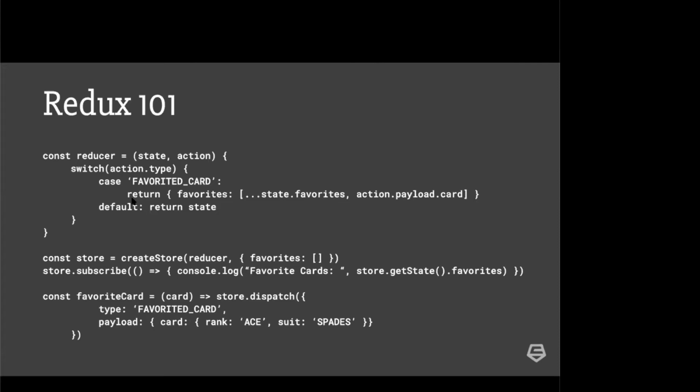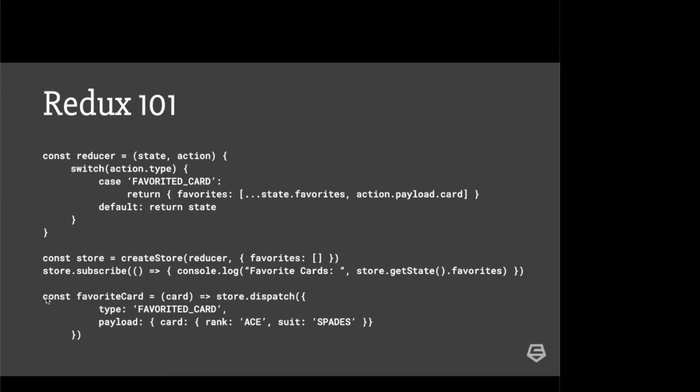It's going to return a new state according to what's described in the action. So you can see here, we are declaring our reducer. We're passing it into the store with createStore and some initial state. If you're interested in being notified when the state changes, you subscribe to that and then can reflect upon the store's state with getState.